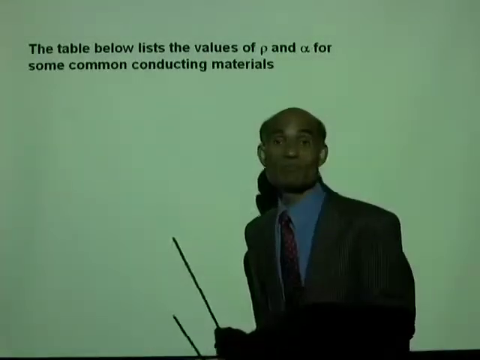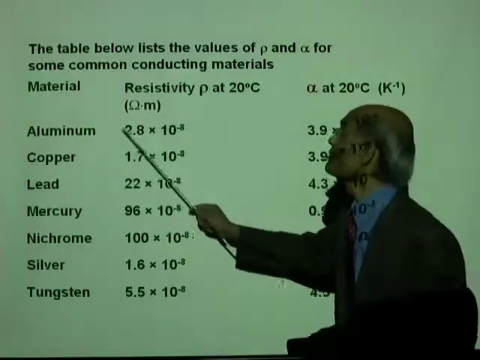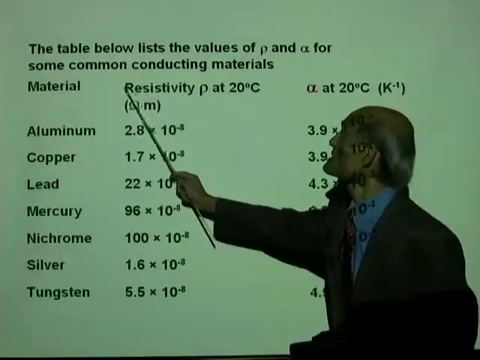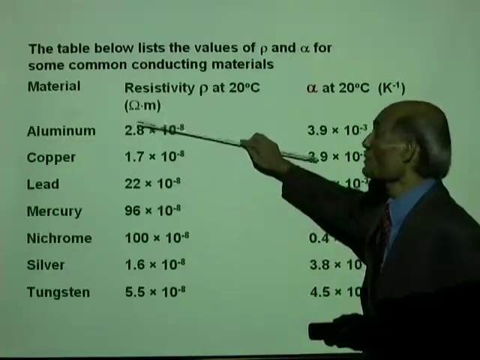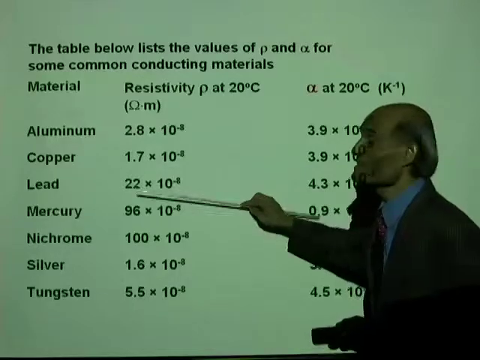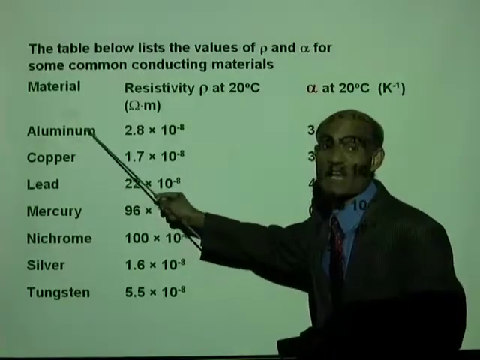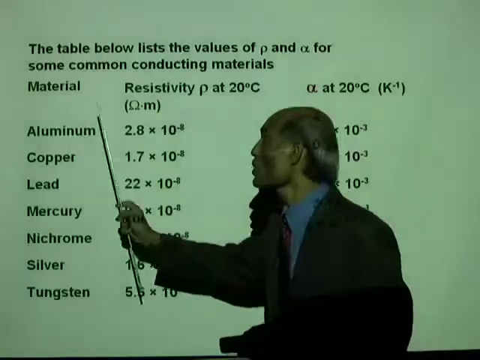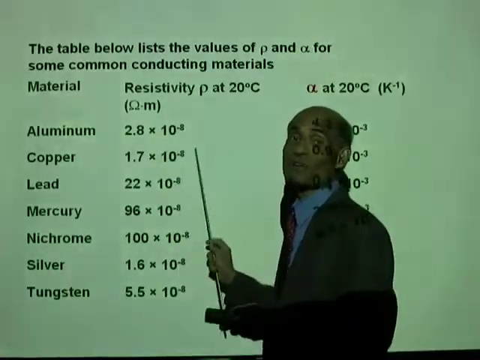Now, I have got some values of these which will be useful. I have given you the material and the resistivity at 20 degrees Celsius. So these are the values of the resistivity of some common materials like copper and aluminum. They are the most commonly used conductors, so those values are important.